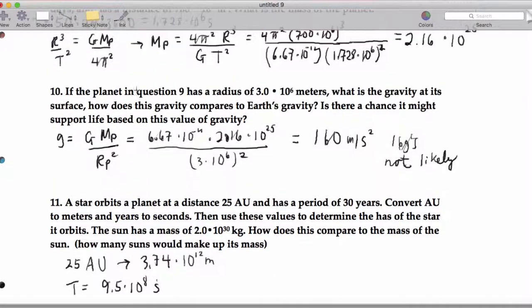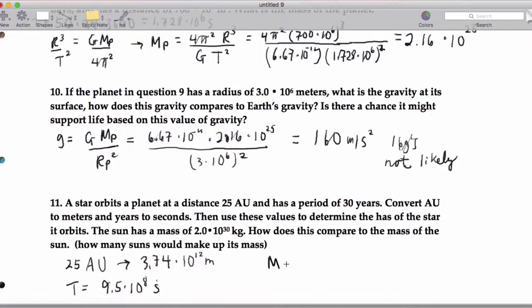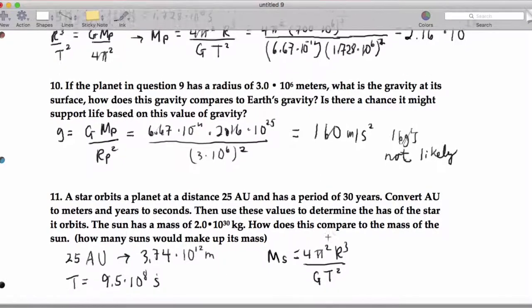Now, I'm going to use this formula here that I got for the mass. Isolated, that'll be 4 pi squared r cubed over G t squared.